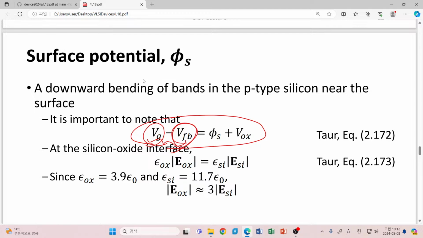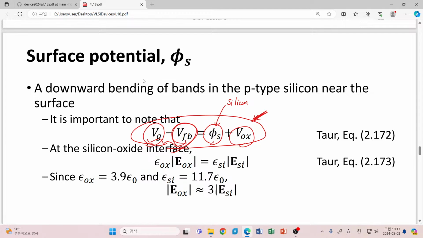This equation simply states that the total amount of energy difference is divided into two terms. What are they? One term is the portion consumed by our silicon, and another portion consumed by our oxide.